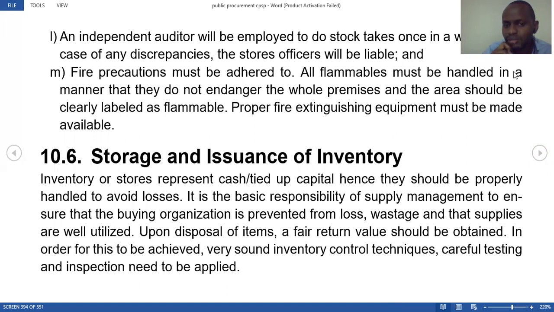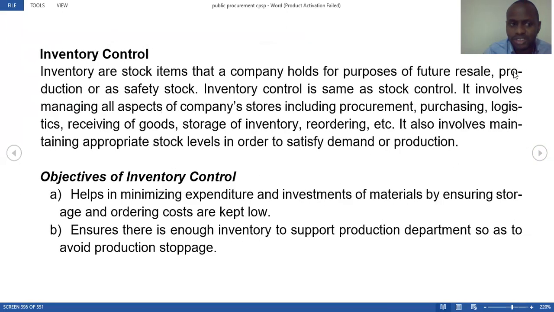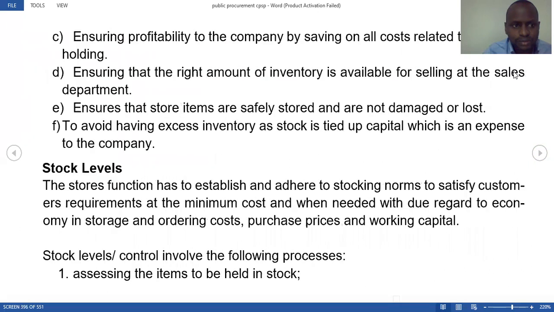Once they issue the items, they will generate what is called a store issuance note, to ascertain that those items have been issued, and that note must be signed by the user to ascertain that indeed they received those items. The process is the same across various organizations, and very important.